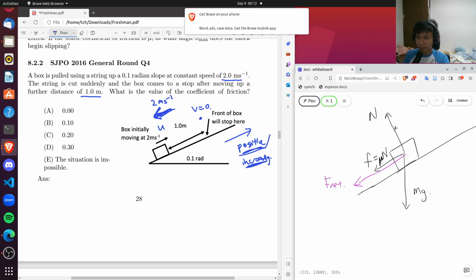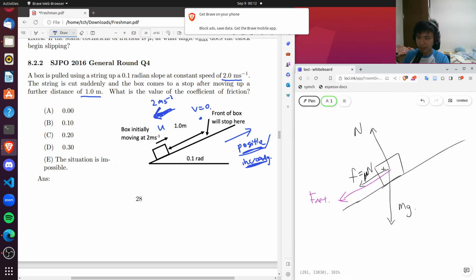As with the previous question, we can deduce that n is equal to mg cosine theta, because if we break down mg into two components, one perpendicular and one parallel, we get mg cosine theta and mg sine theta, where theta is the angle here. So n must be mg cosine theta to prevent the box from sinking into the ground.